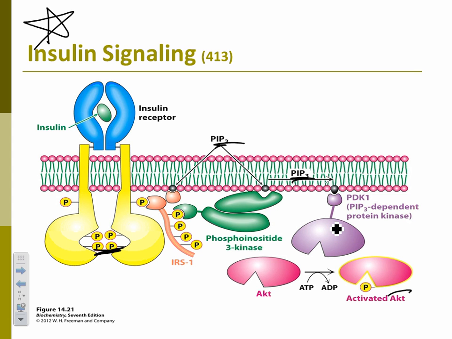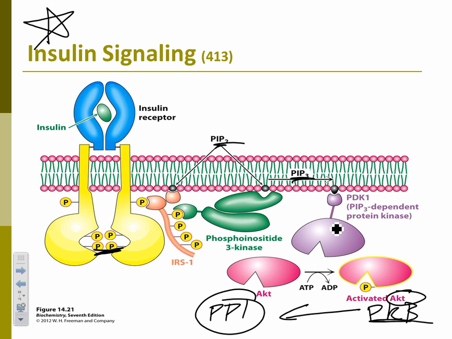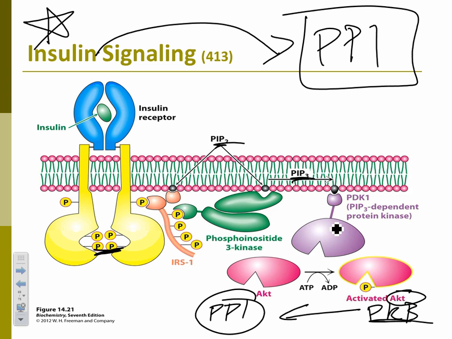And remember, this is PKB. So we've seen PKA, PKC, and PKB. PKB is insulin, and that's eventually going to activate PP1. After this unit, all you need to do is think insulin, PP1. So if you're only getting one message, make sure that's it.